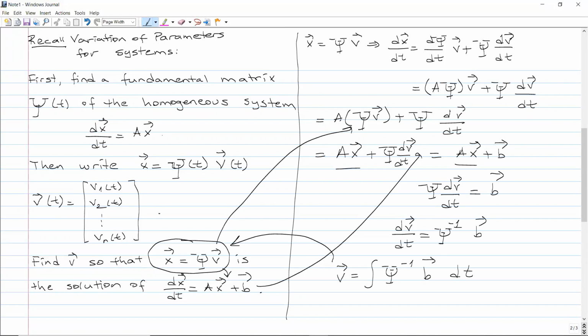Okay, now let's look at our case. In our case, the fundamental matrix has a special form. Remember, in our case, the system comes from an nth order differential equation.